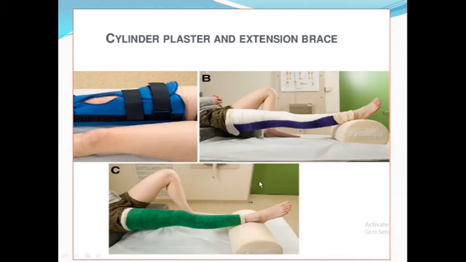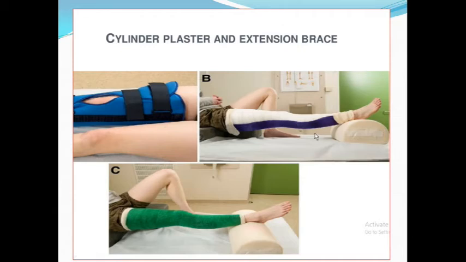Suppose here you have a patella fracture. Forget that this cast has been applied. If there is a patella fracture here, ask the patient to do an active SLR. Ask him or her to raise the whole length of the limb upward. If he or she is able to raise the leg upward without bending the knee, then the extensor mechanism is intact.